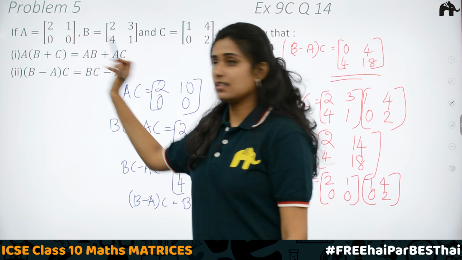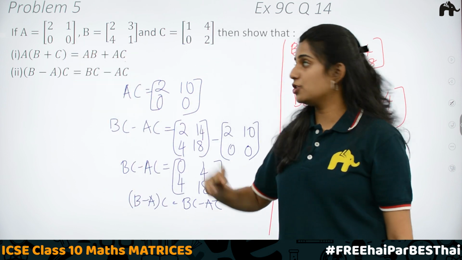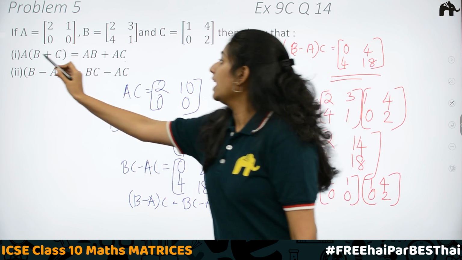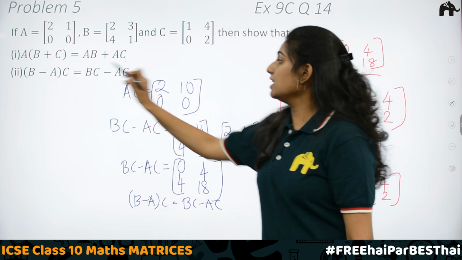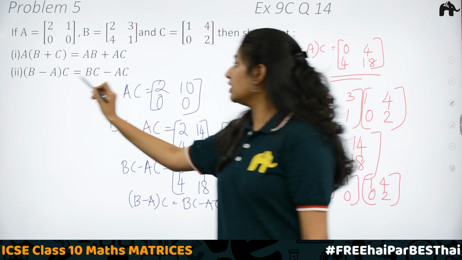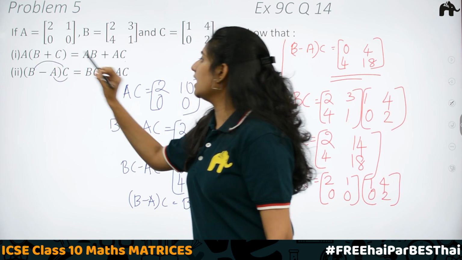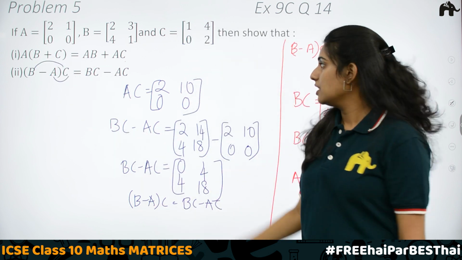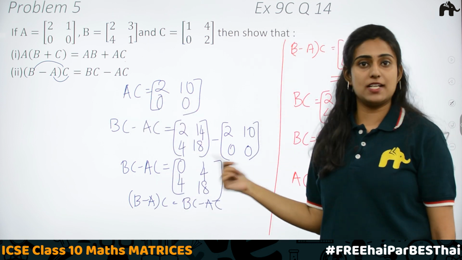From the first sub-question we got that A into (B plus C), removing brackets and distributing, is AB plus AC. Second question, it is subtraction, (B minus A) into C. We got BC minus AC. Got it? So, we are proving the distributive property for multiplication of matrices here.